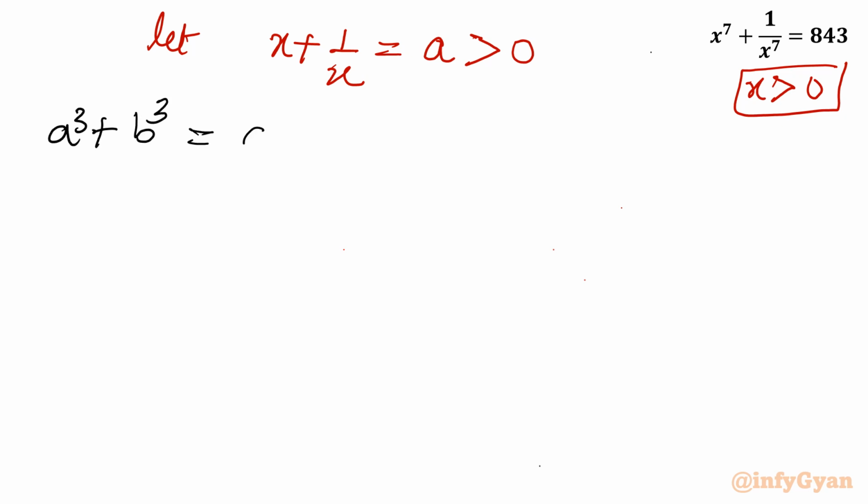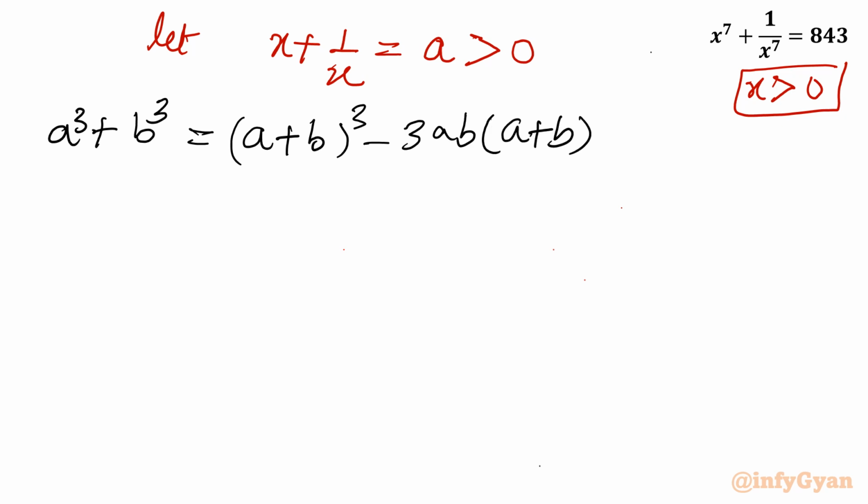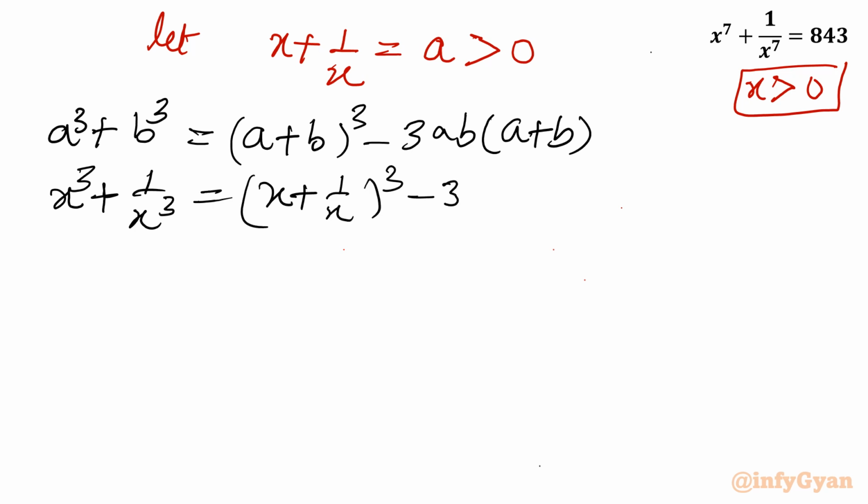And it is a plus b whole cube minus 3ab in bracket a plus b. Let's write in the context of our problem. So I will write x cube plus 1 over x cube. This will be equal to x plus 1 over x whole cube minus 3 times x 1 over x and in bracket x plus 1 over x.